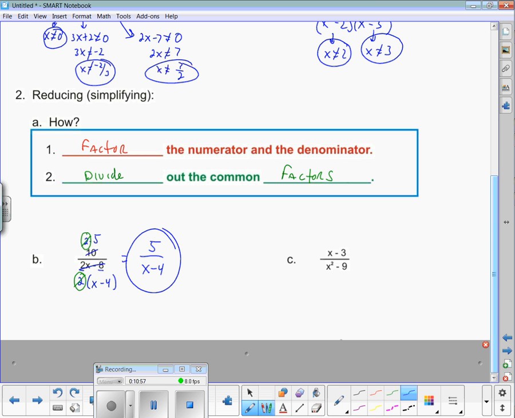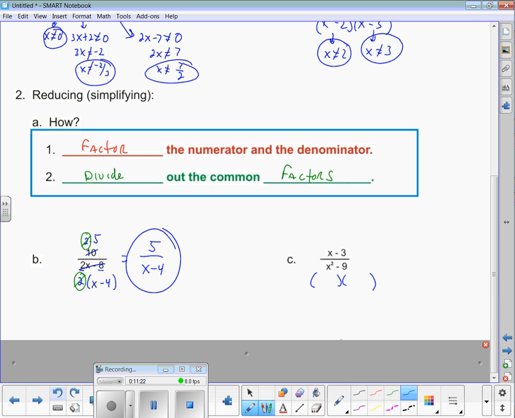Look at the second example here to the right, C. When you look at the denominator, what does your brain say? Oh, that's a... We've had this on every test so far since we factored, and hopefully you say, oh, that's a difference of 2 squares. Again, we're trying to get factors because it's factors that get divided out.